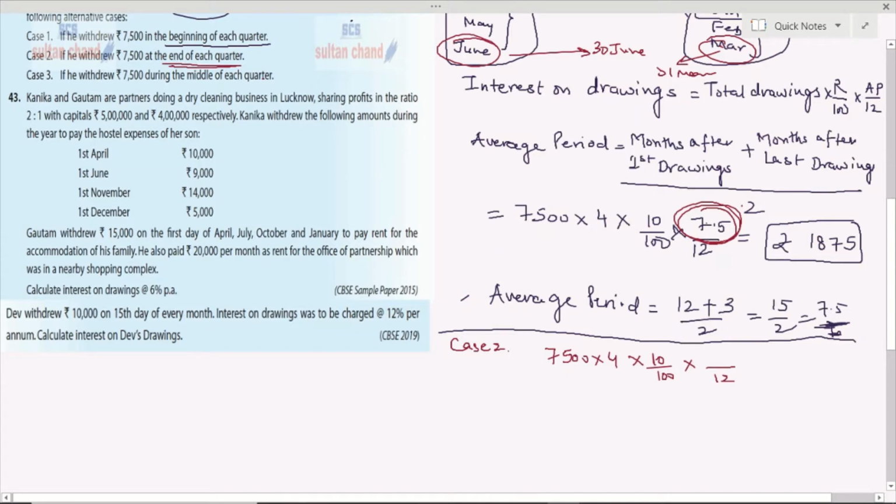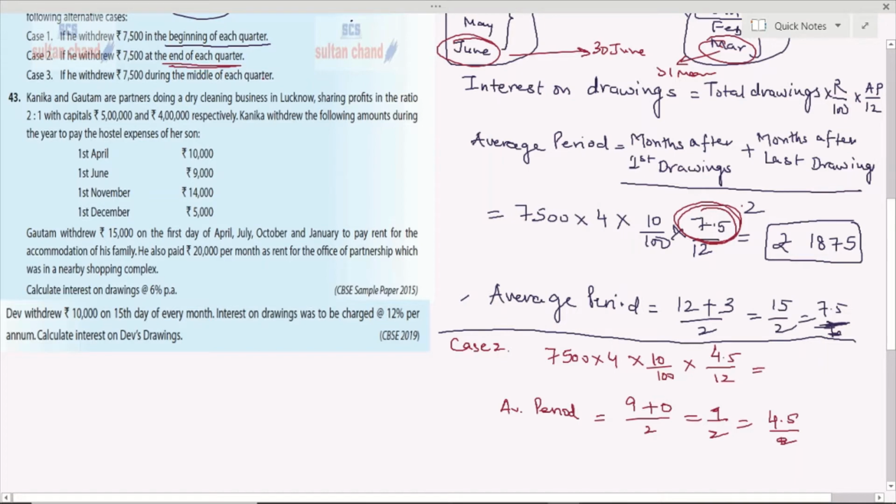So 30th of June to 31st of March will be 9 months, plus 31st March to 31st March, of course 0 months. So my average period is equal to 9 by 2, or I can say 4.5. So I'm going to take it here as 4.5.